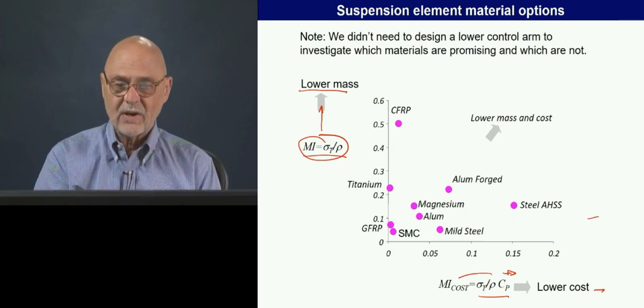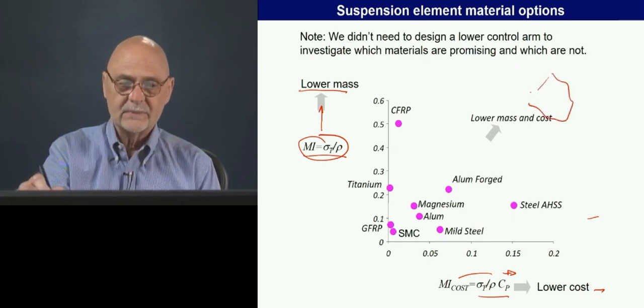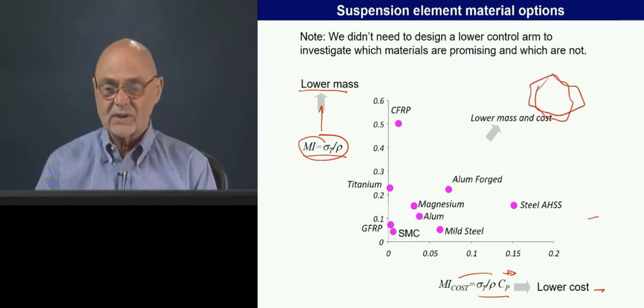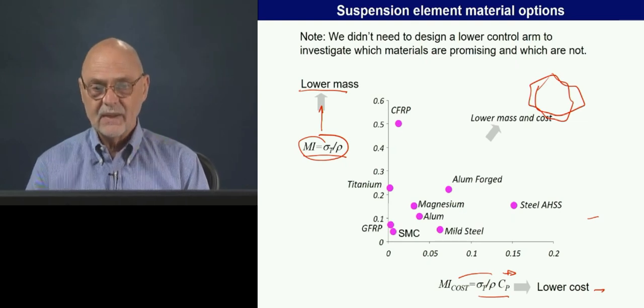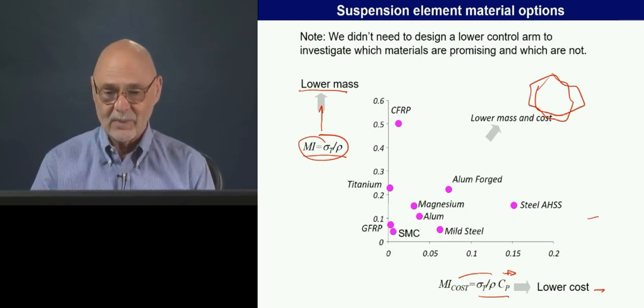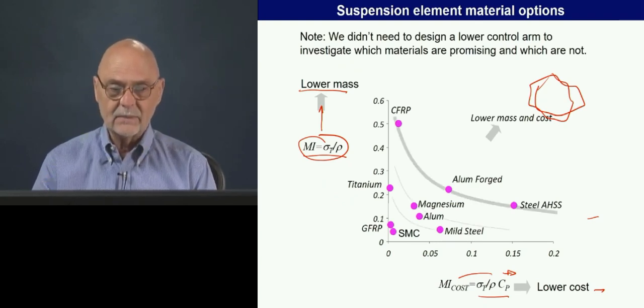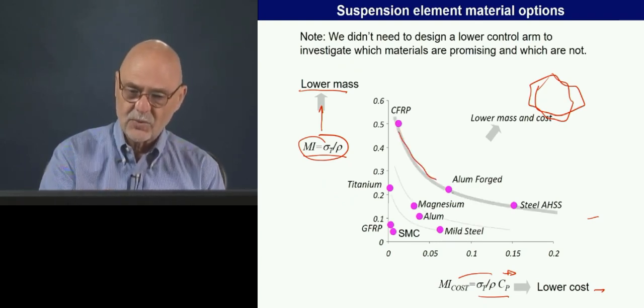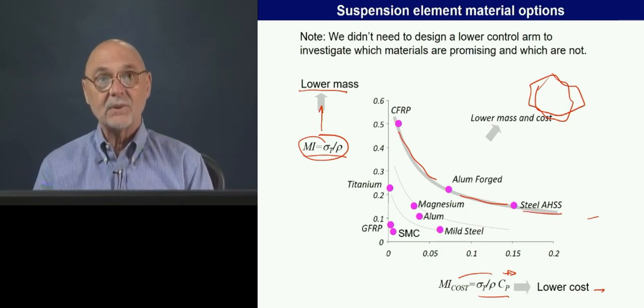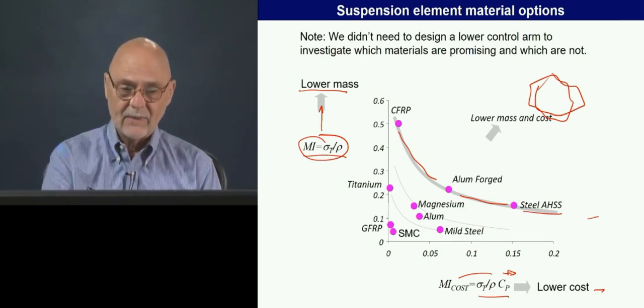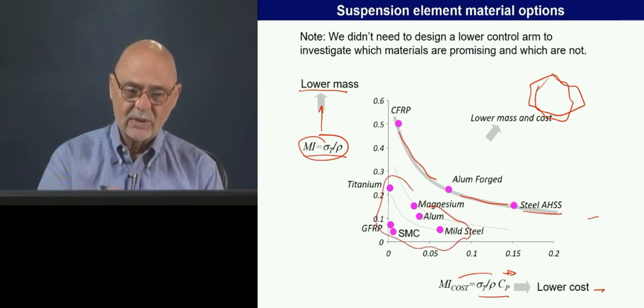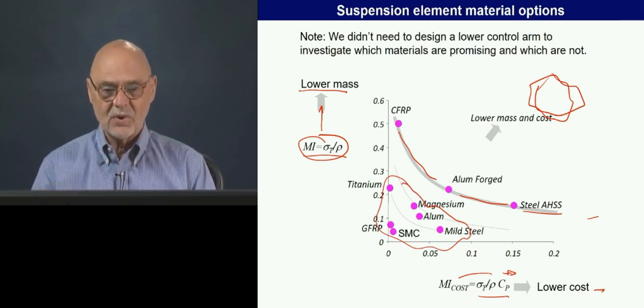Of course, the best area on this chart is way over here. That's where the mass is the lowest and the cost is the lowest. You see there's no material over there, but we do have some better materials. If we look at this region, the three best materials, these others are dominated, so we would never choose those.